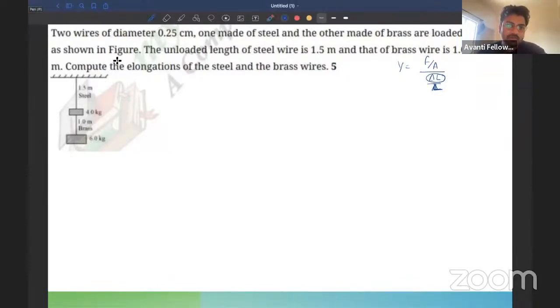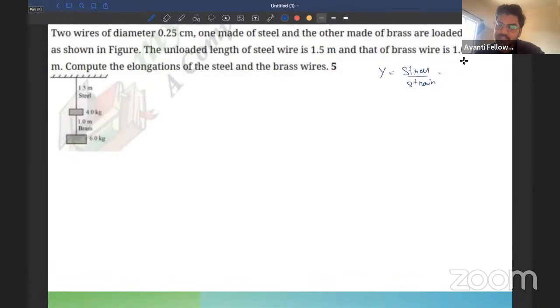So if I talk about the steel wire and brass wire, both have the same type of properties, right? So Young's modulus दोनों में use हो जाएगा. Young's modulus I have explained here. I will write it again and I'll show you what is Young's modulus. Young's modulus is the ratio of stress upon strain.